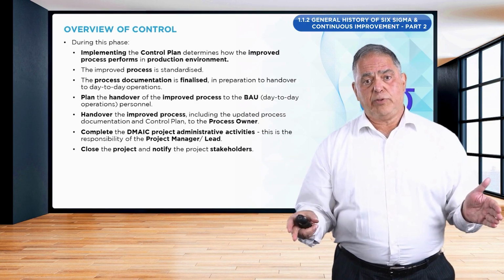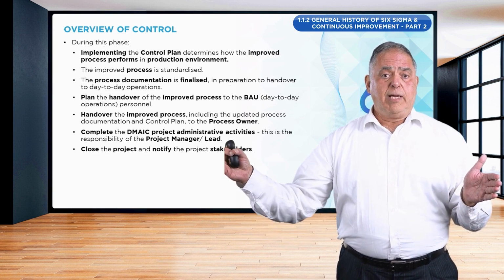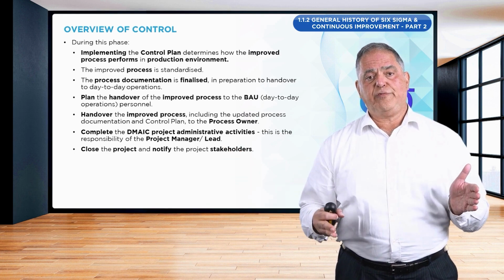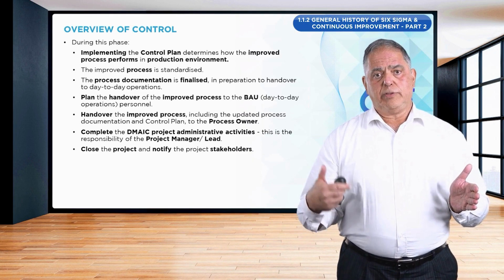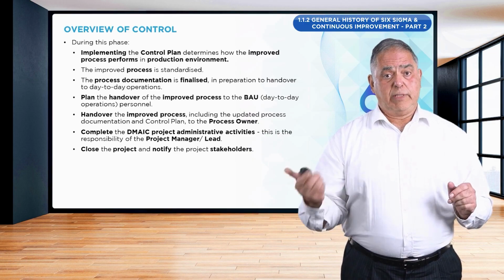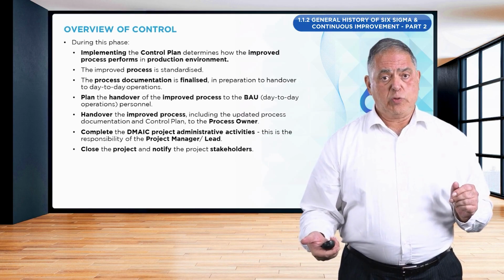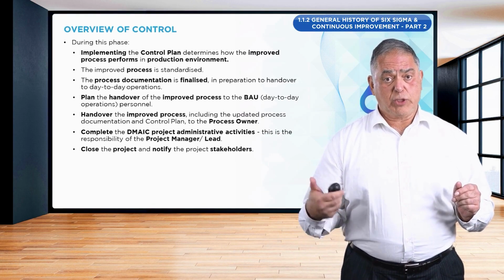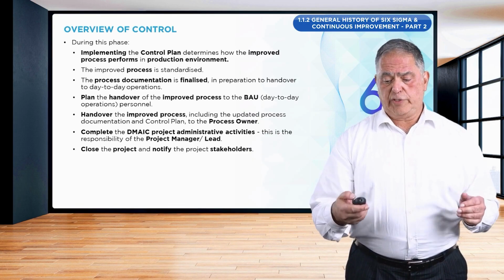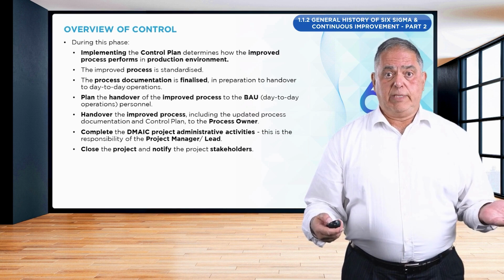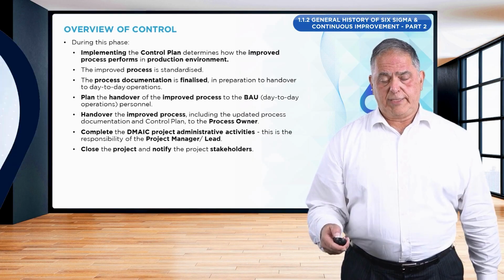And because the project is no longer needed, the project manager or the project lead has to complete a series of project administrative activities, and upon completion, he or she has to request approval from the project sponsor in order to formally close the project. This is when the project is closed and all the key stakeholders are notified that this is a fact now and the process has been operationalized.